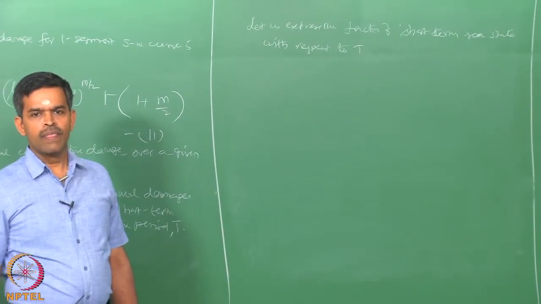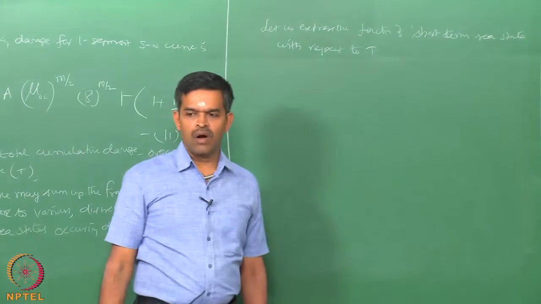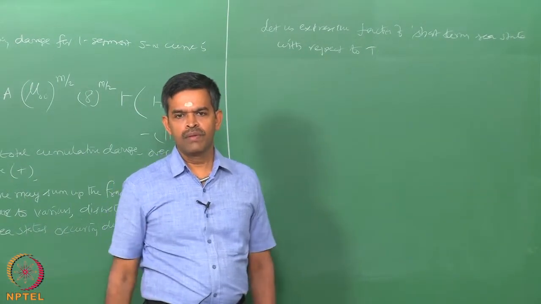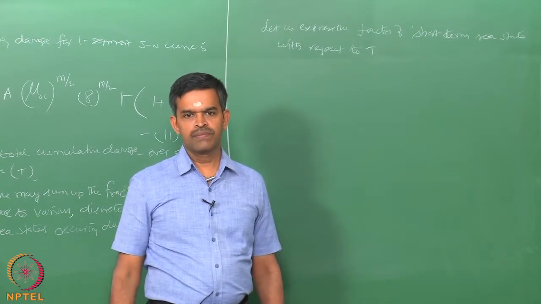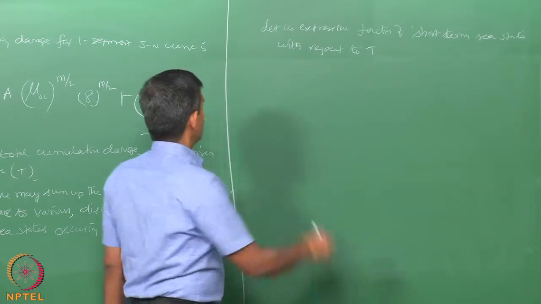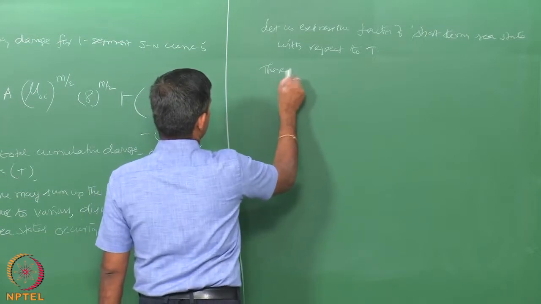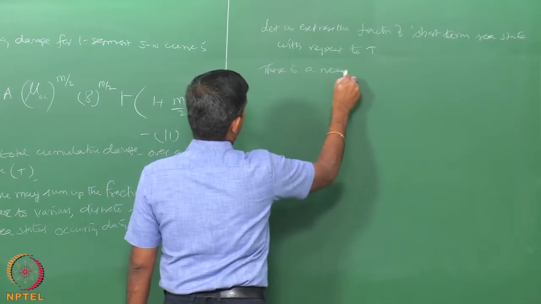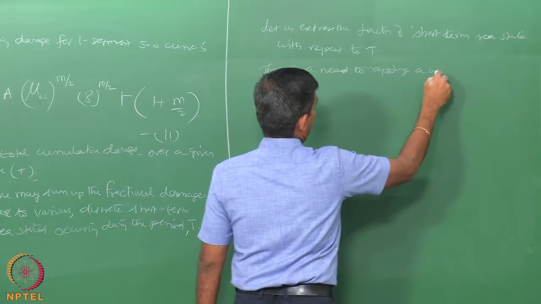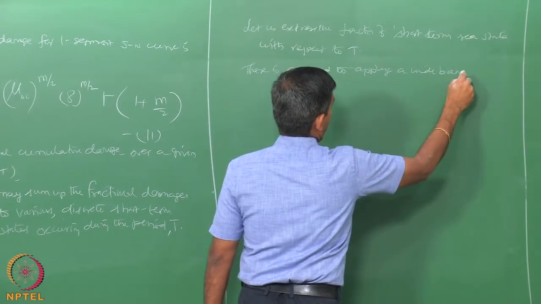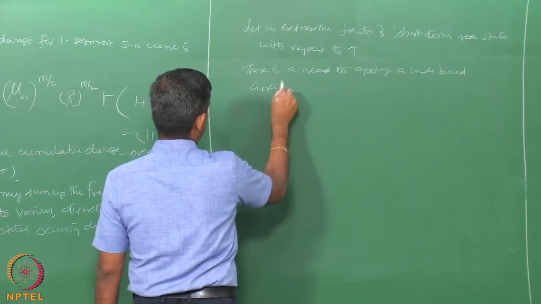so that the above estimates of damage are based on a narrow band model. So, there is a need to apply a wide band correction to this. Okay. So, there is a need to apply a wide band correction.